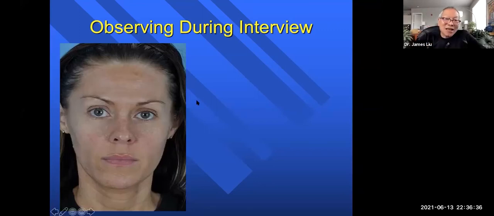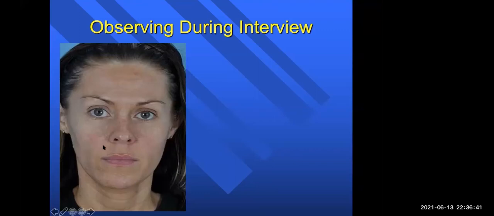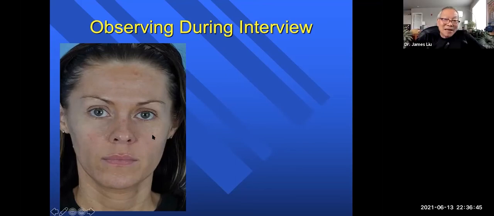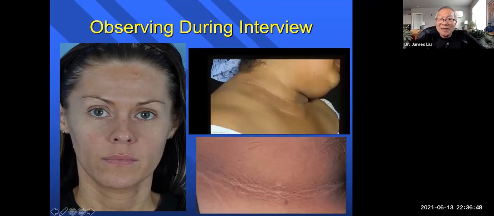So this individual has an increase in acne. You can see up here in the chin area and the malar area. And this individual has acanthosis nigricans. This is a second individual with that. And this reflects hyperpigmentation in the skin folds. You see it in the neck, you'll see it in the armpit area. If she has a pannus, you'll see it in the fold of the pannus and also on the perineum.